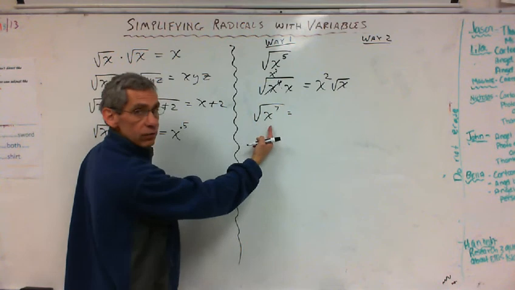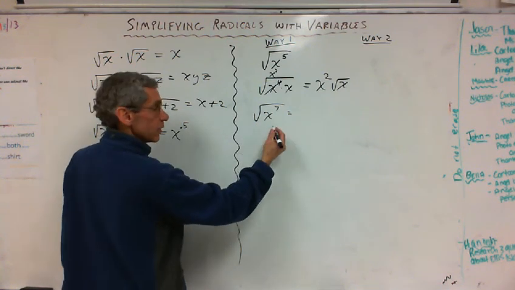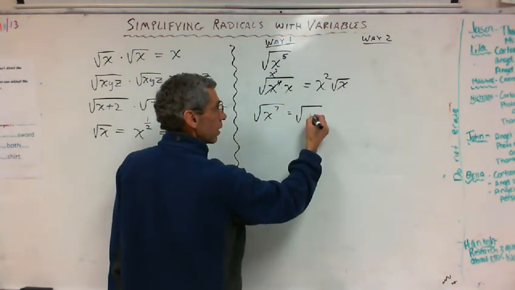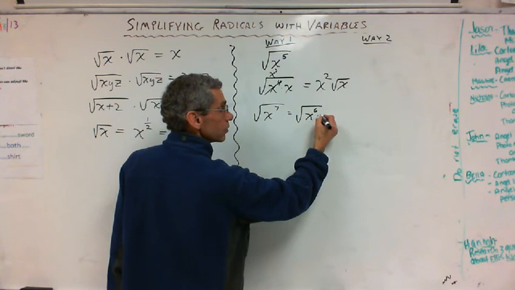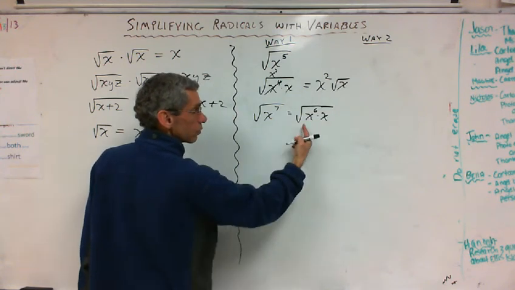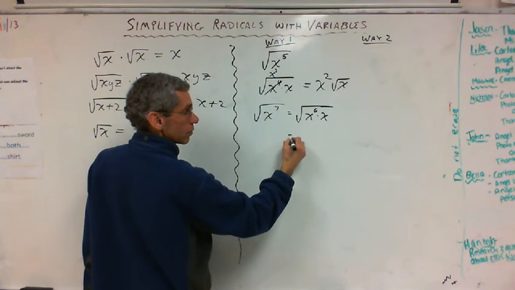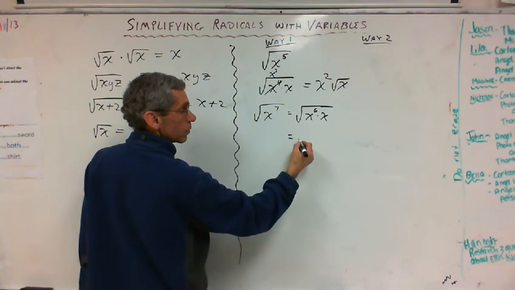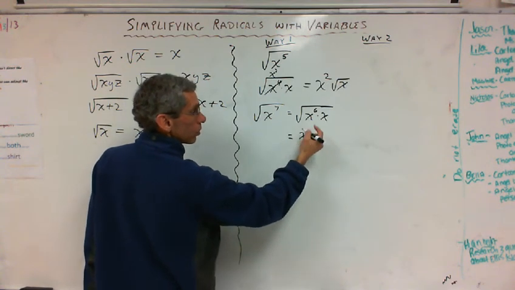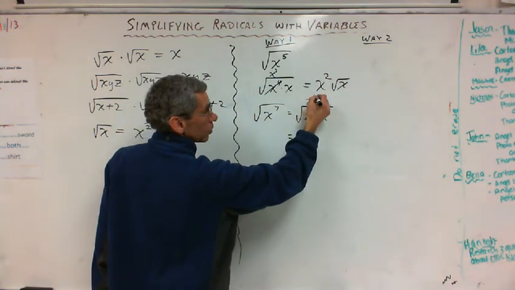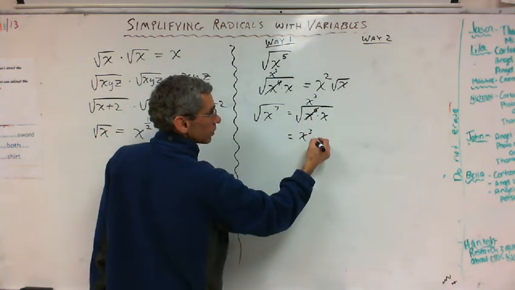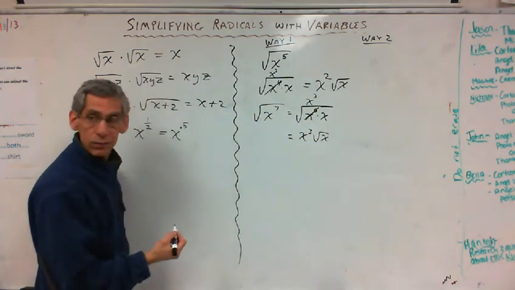The square root of x to the 7th is the same as the square root of x to the 6th times the square root of x. So it would be x to the third times the square root of x, because this comes out as x to the third. Pretty easy, right?